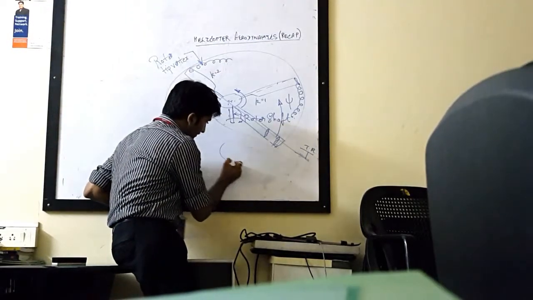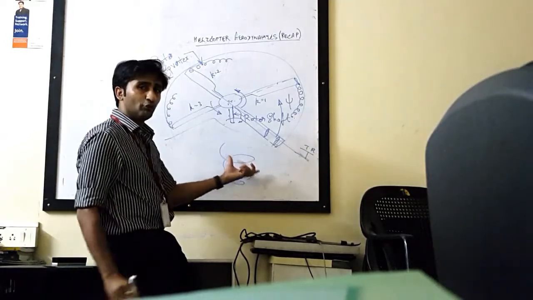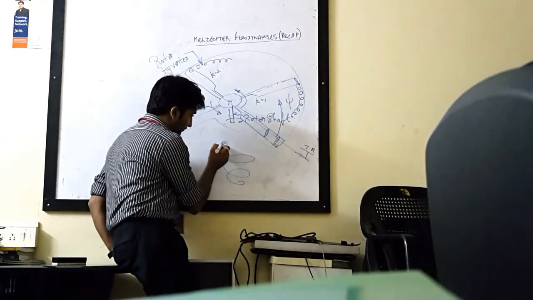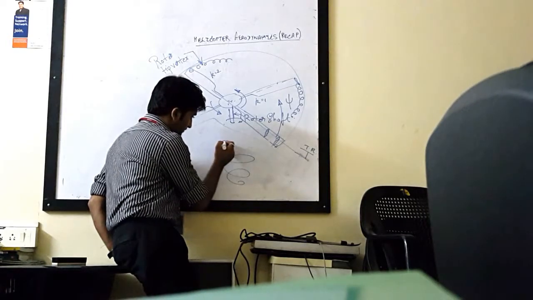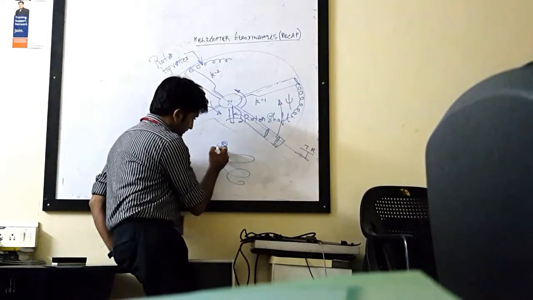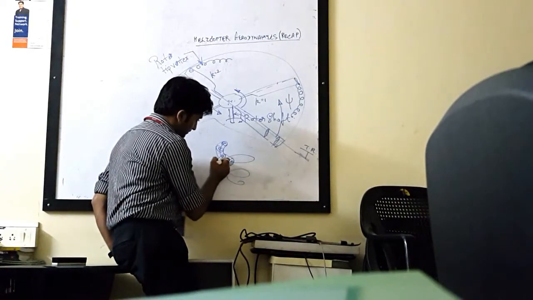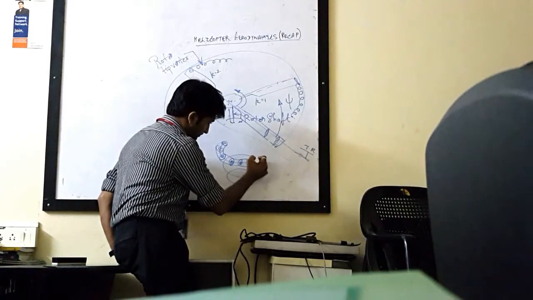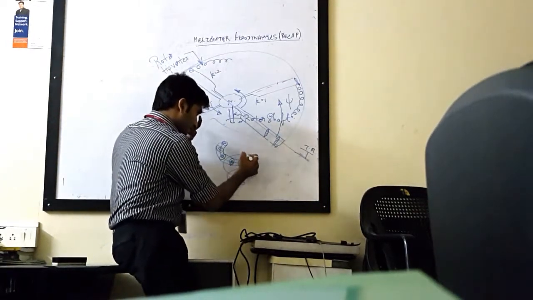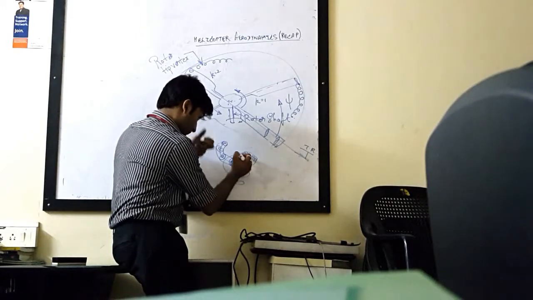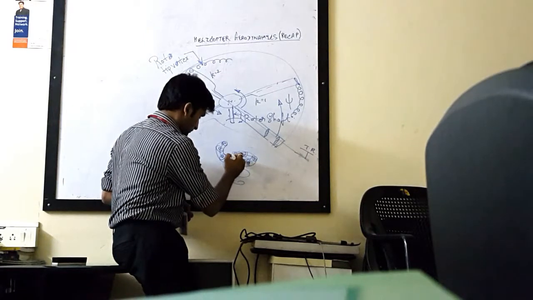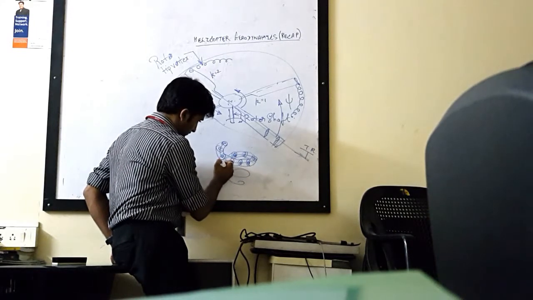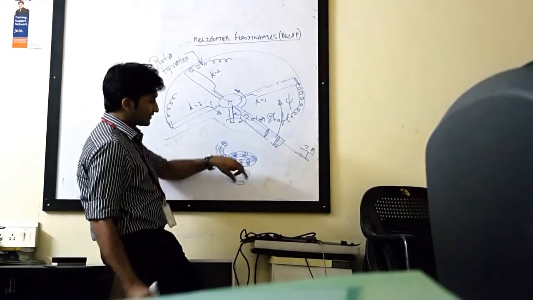If this is the axis of the rotor tip vortices, it is going to form a vortex helix.